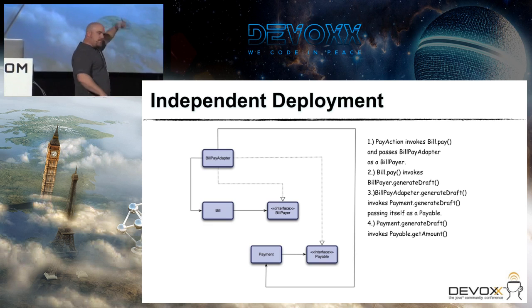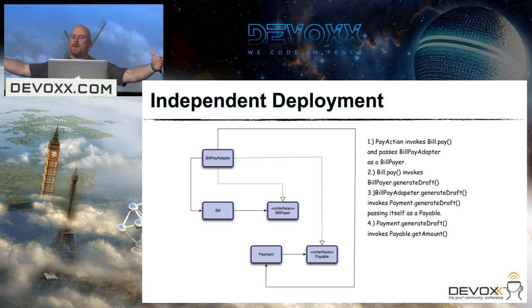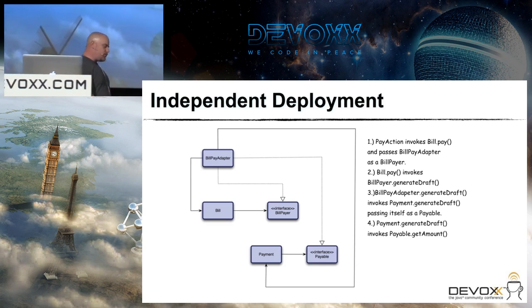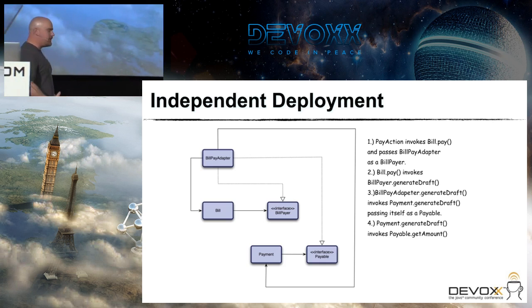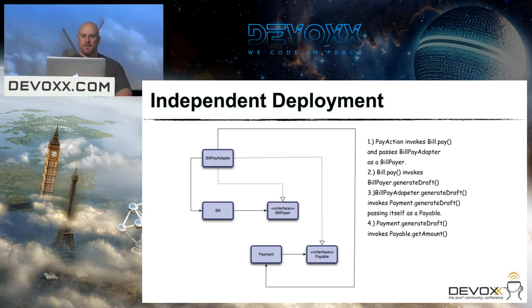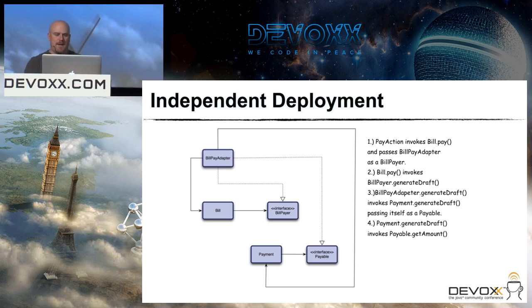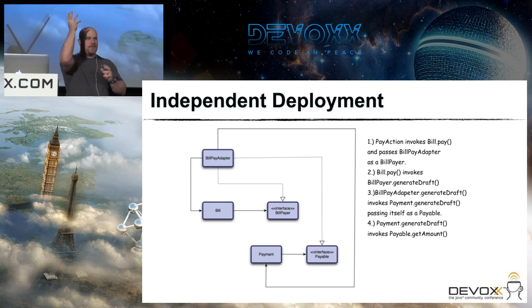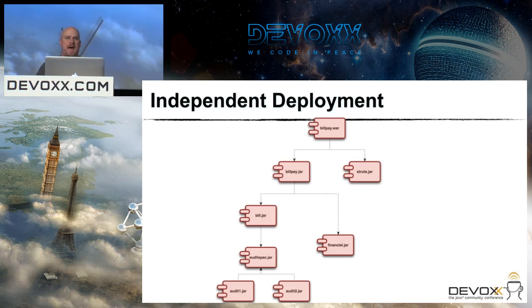Now, I introduced some new abstractions and a bill pay adapter to pull this off. The only reason these abstractions exist and these new classes exist is to allow me to decouple and to manipulate the relationships between my modules. So before, whereas the bill passed itself into the payment as a payable interface, I've applied a technique called escalation, where I escalate that dependency up to the bill pay adapter.